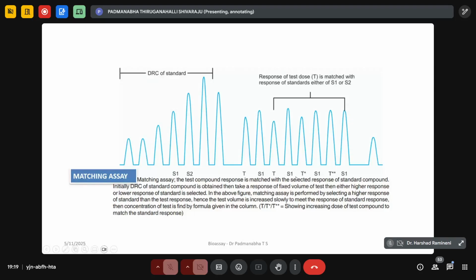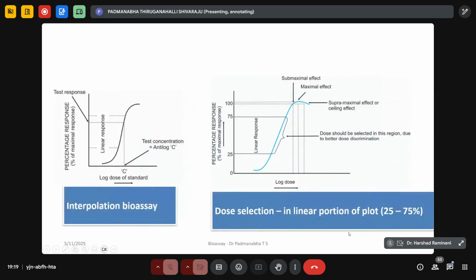You increase the dose of the test drug until it matches the S1, that is the standard dose response. In such a way, you match the test drug with the standard drug, and you calculate the test drug concentration. So this is how interpolation bioassay will work.